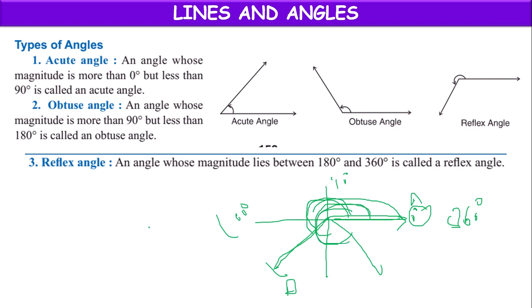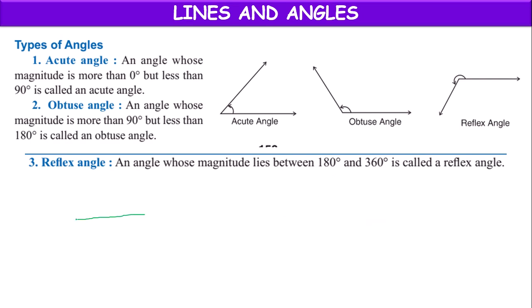Suppose if you take this angle in clockwise direction, it is an acute angle. But if you take it like this, because here 12, 3, 6, 9 will be there, if you measure in this direction, it is called anti-clockwise direction.